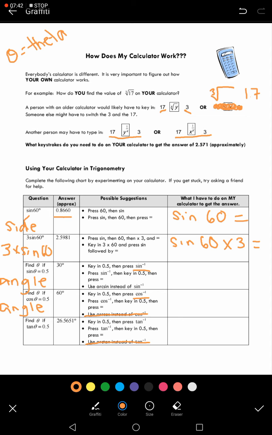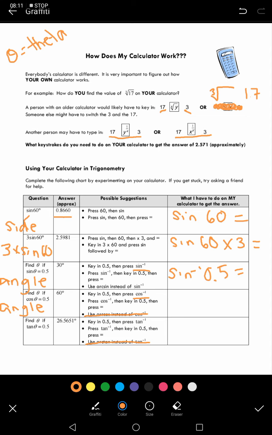So I know that's definitely not the way my calculator knows how to do this. So I'm going to try to type in the inverse of sine first and see if that works. And it does. I get 30 degrees. So for me, I have to do sine -1, which I get by doing the second function of sine. I type in my 0.5 and I click equals.